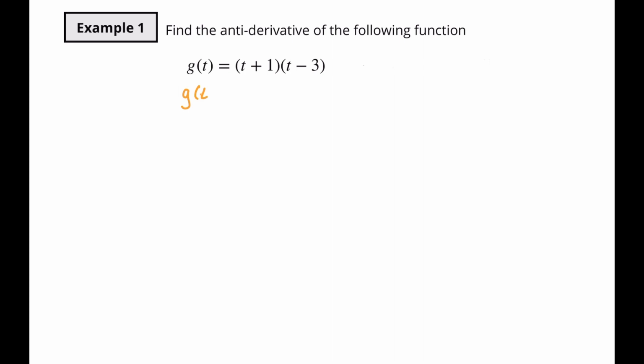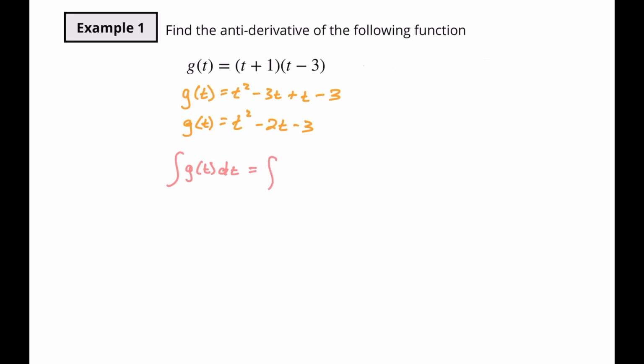We're going to take g of t before we integrate it, and we're just going to expand it to t squared minus 3t plus t minus 3, which is t squared minus 2t minus 3. There's our g of t, and now we're going to integrate g of t. So we'll find the integral of g of t with respect to t, because that's our variable of integration.